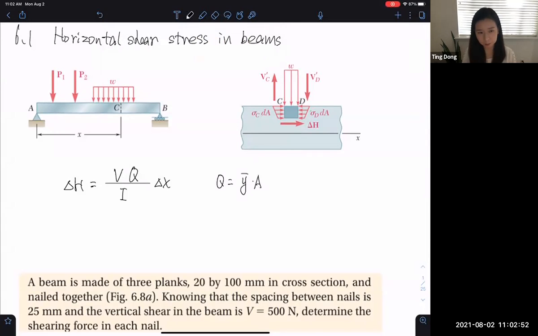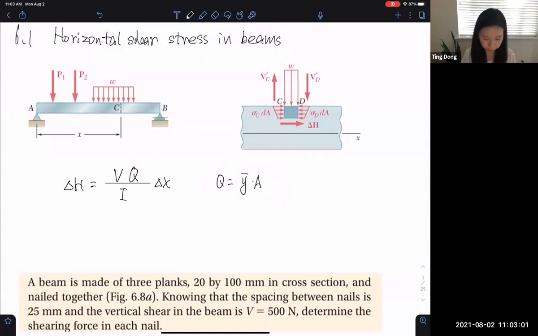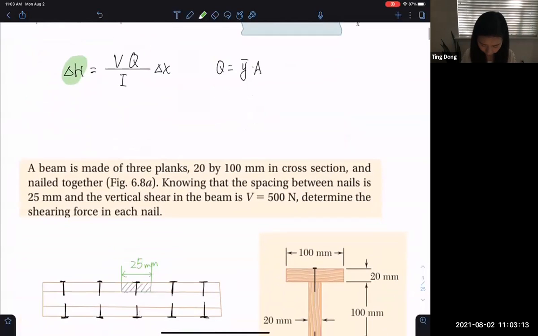So if you know how to find Q, you just plug in and you can calculate everything. Of course, the most direct question asked was how to calculate this horizontal shear force. For example, determine the shear force in each nail.